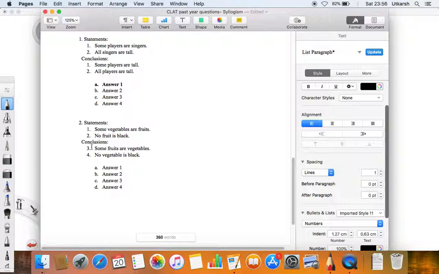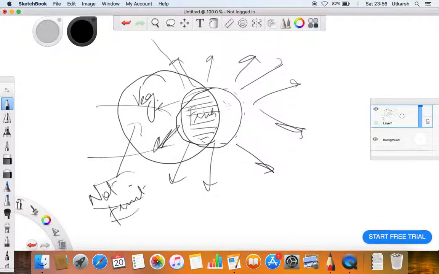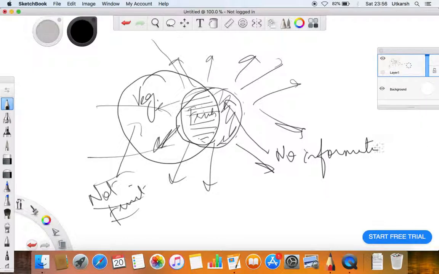So here they're saying some fruits are vegetables. That is correct, but does that mean all fruits are vegetables? We don't know whether this portion exists. There is no information on this. So we cannot say for sure whether only some fruits are vegetables or all fruits are vegetables.